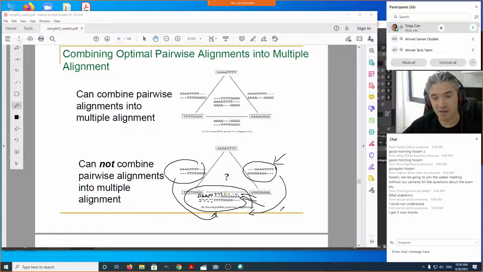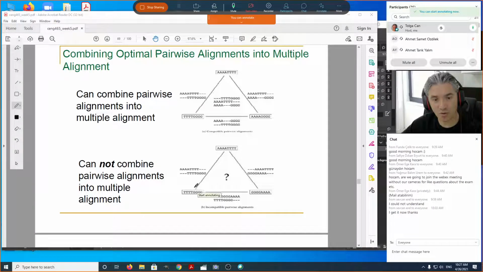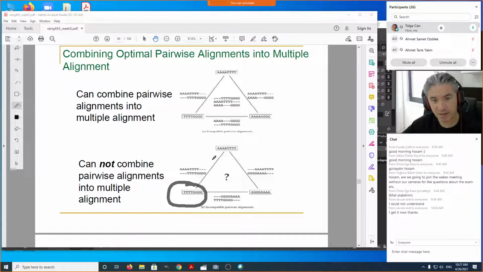For example, by combining our multiple sequence alignment using these two edges, we actually use the alignment of the second and third sequence to the first sequence.